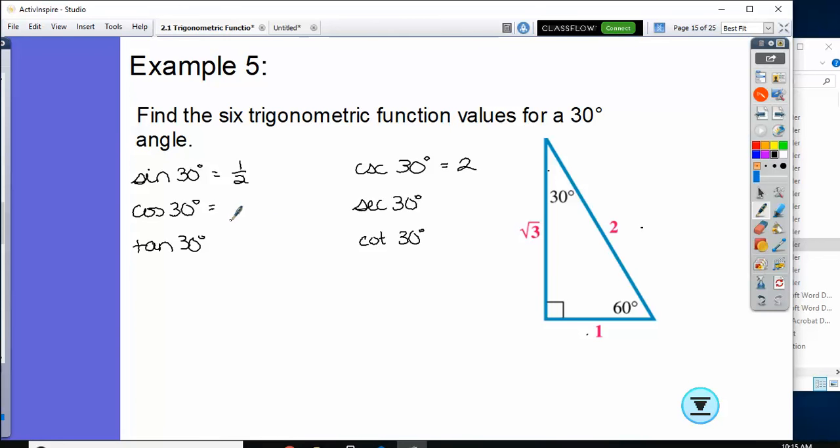Cosine of 30. So from my 30, my adjacent side would be radical 3 over the hypotenuse, which is 2. Secant, if I do the reciprocal of that, we get 2 radical 3 over 3.